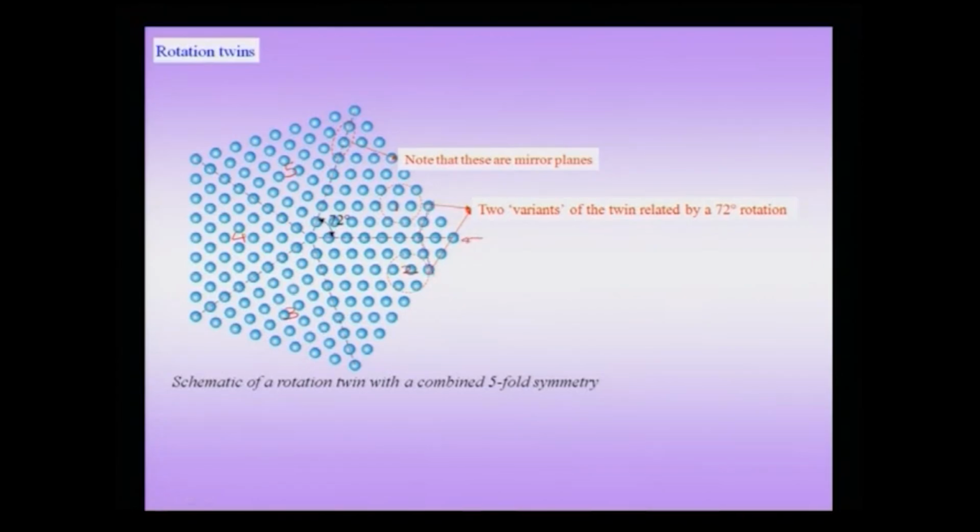So, you can see that this can also be thought of as a reflection of planes, but on the whole this is a rotation twin, and the importance of this rotation twin in this context is that suppose one were to perform a diffraction experiment, say in a transmission electron microscope, by putting a selected area diffraction aperture in a region encompassing these 5 twins, then the person would see a symmetry higher than that available for a single variant.